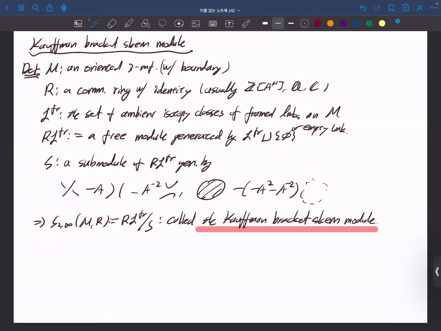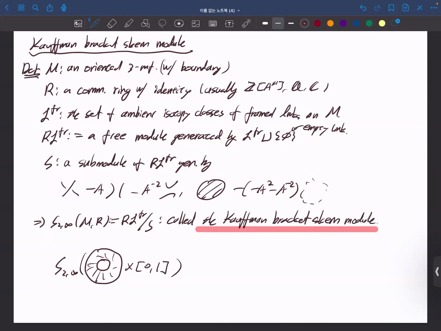And in our case, we are interested in the annulus. But to consider links, let's thicken it by multiplying by [0,1]. Then we can consider its skein module.